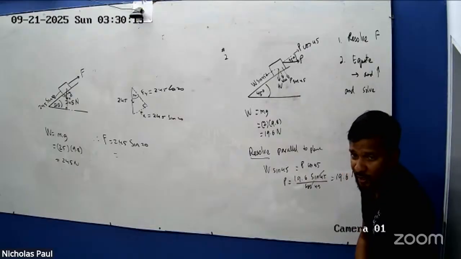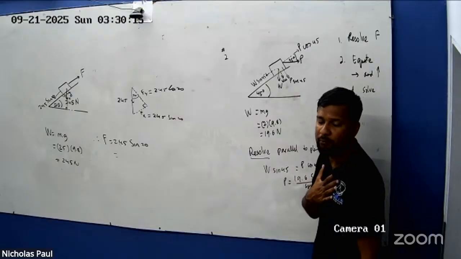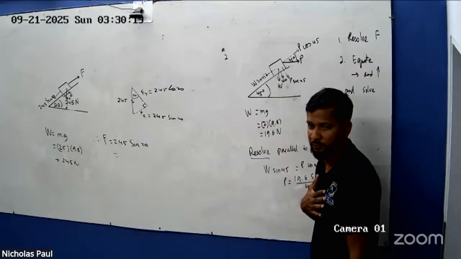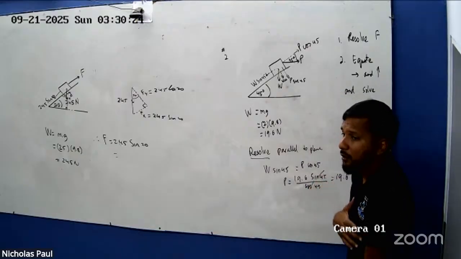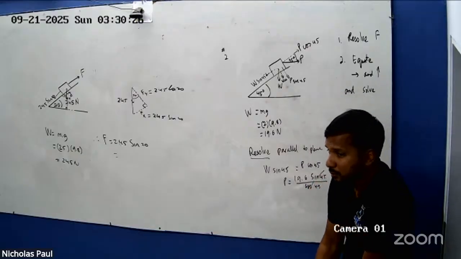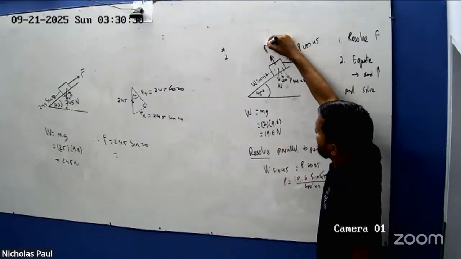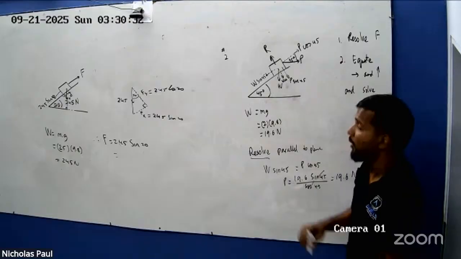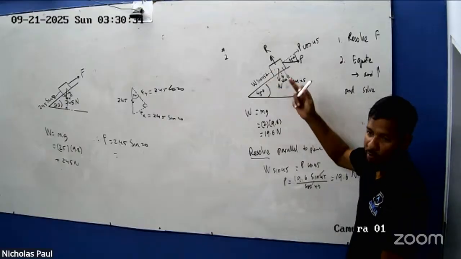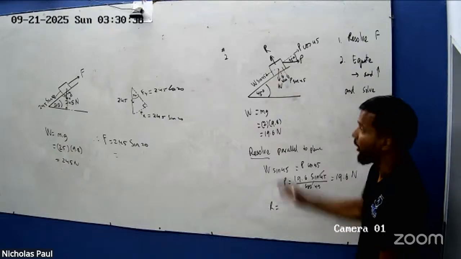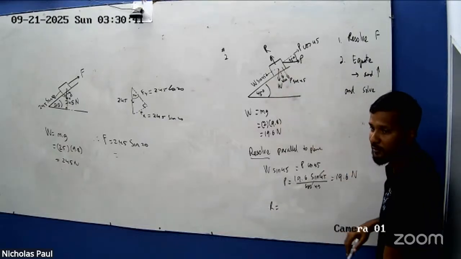Normal reaction. What is normal reaction? I'll pick somebody new now. Dante, what is normal reaction? Normal reaction is the contact force. Right, when an object is in contact, that's normal reaction. How do you find R? It's not moving, it's in equilibrium. R is what?